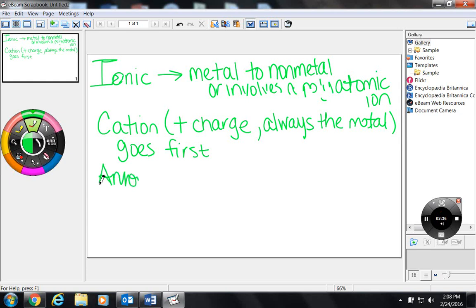The non-metals are... they have a neutral charge.